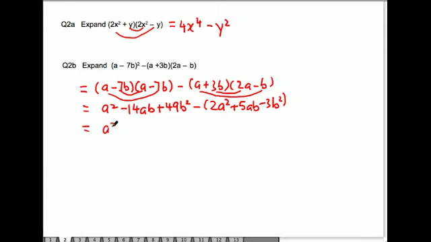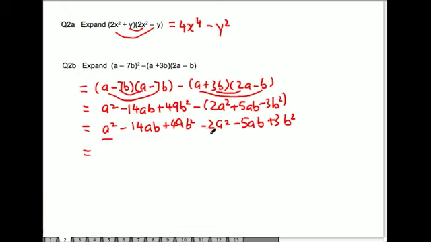Next, we open up the brackets and change the sign. We have minus 2a squared, minus times plus is minus 5ab, minus times minus is plus 3b squared.